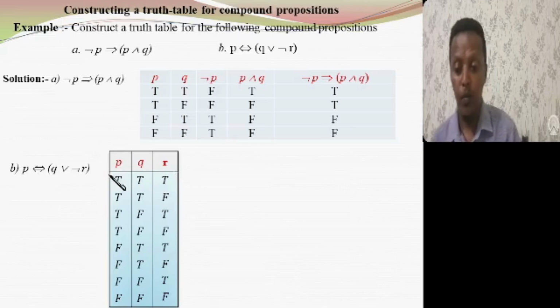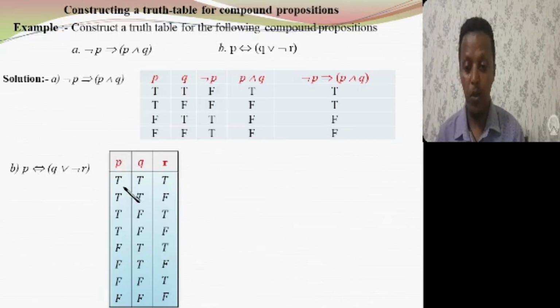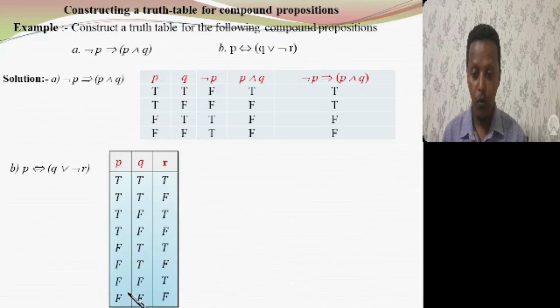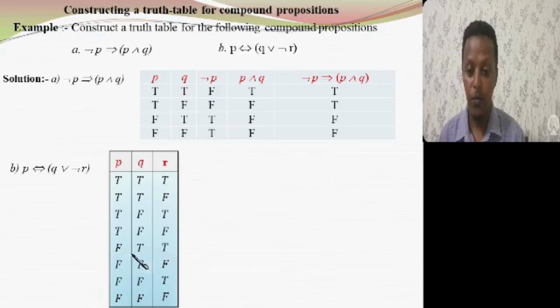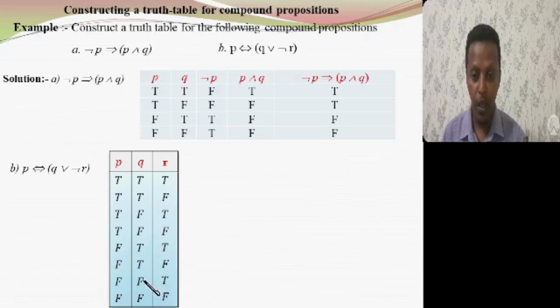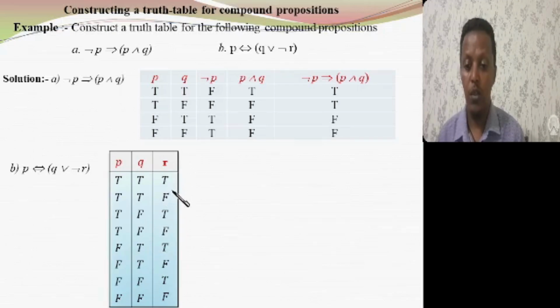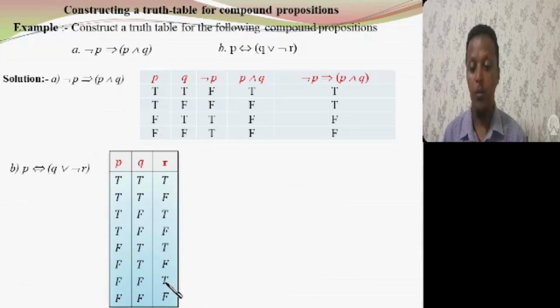How do we list them? For the first column P, 4 true, 4 false. For the second column Q, true, true, false, false, repeated. For the third, true, false, 8 times.